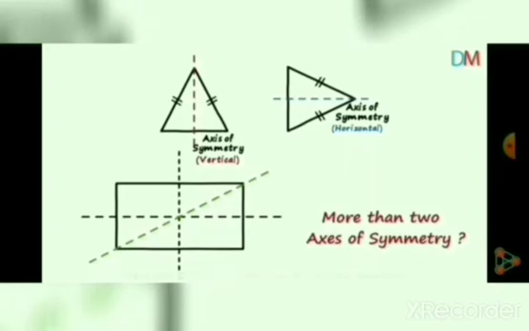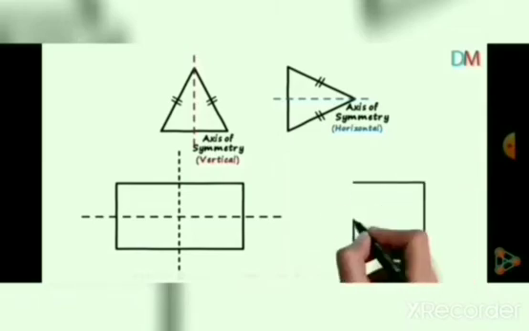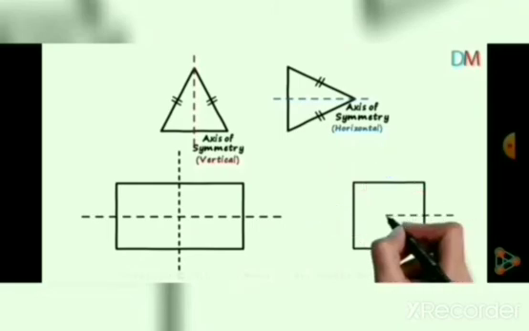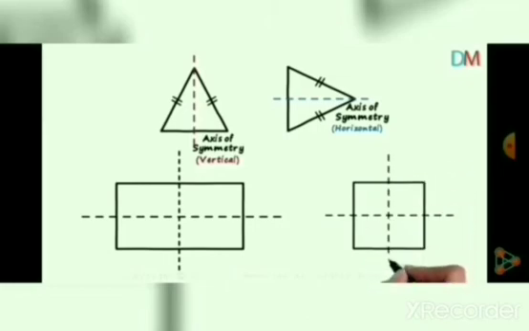So does a shape have only two axes of symmetry, or more than two? To know that, we take another shape as an example, a square. In a square all four sides are equal and all the angles are right angles. When we draw a horizontal and vertical line, they work exactly like in a rectangle.